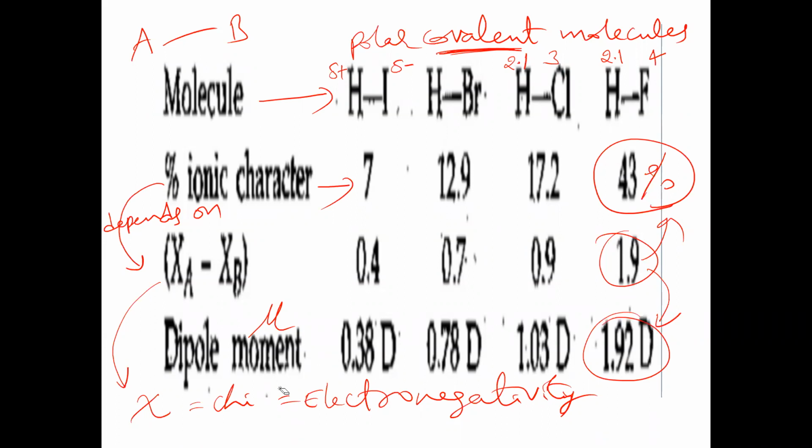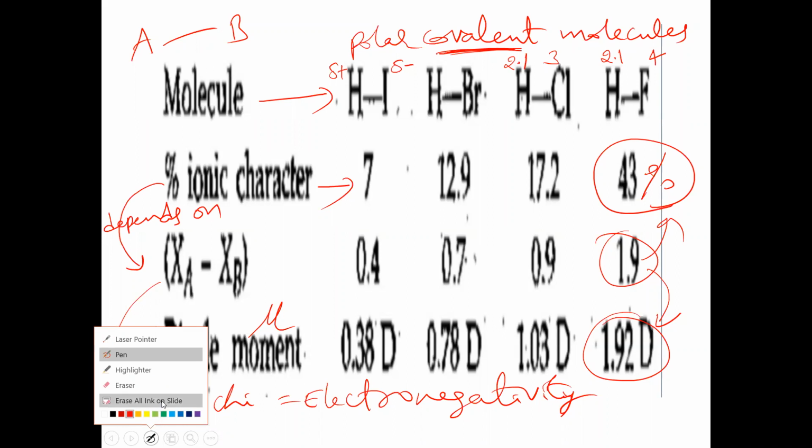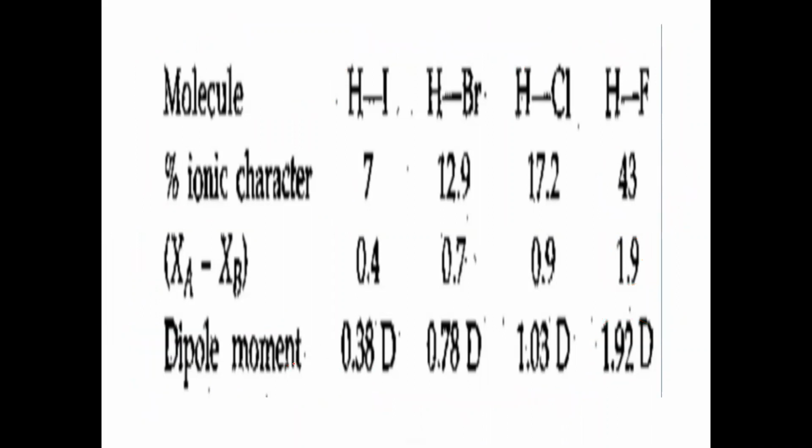So this is about the dipole moment of different molecules. Let's take a screenshot of this one. For the HI molecule, how much is it? 0.38 D. That means mu is equal to 0.38 into 10 power minus 18 ESU centimeters.